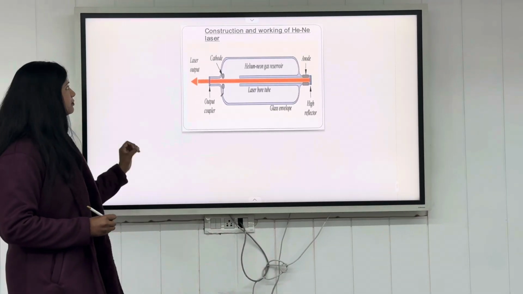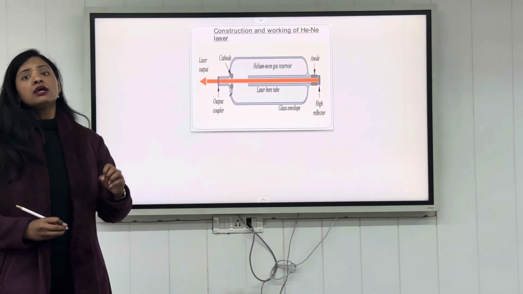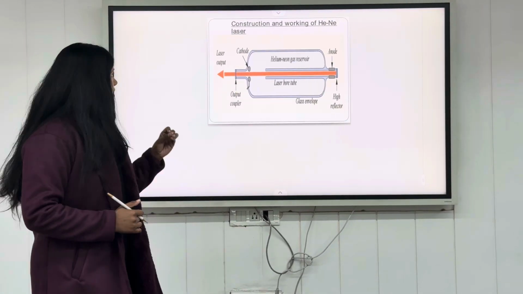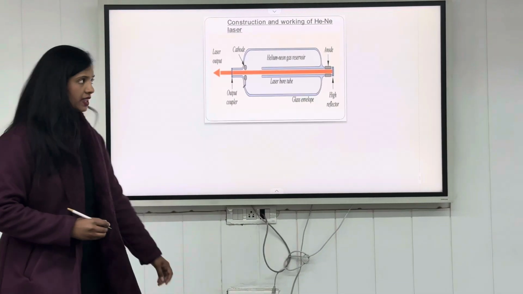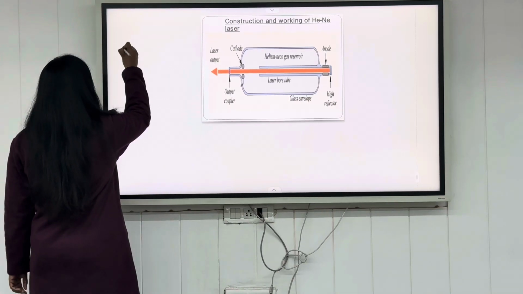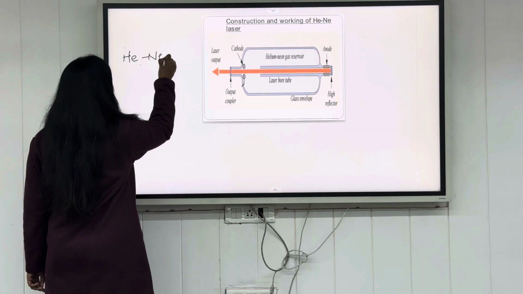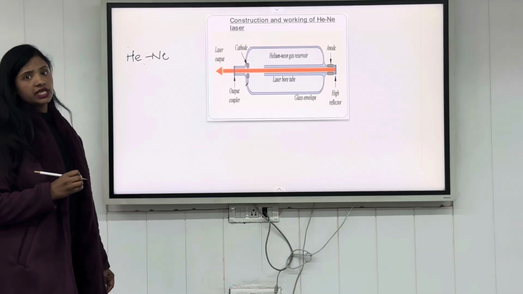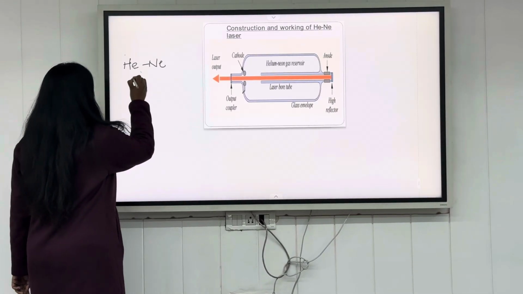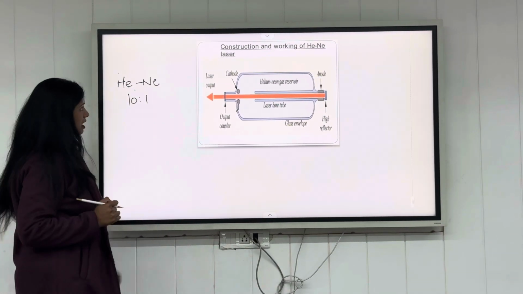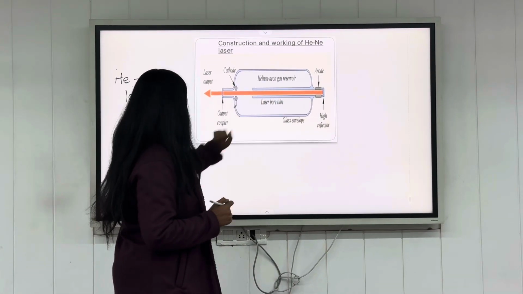This was successfully completed by Ali Javan and his co-fellows in 1961, in which a composition of helium neon gas was taken in a ratio of 10:1. You can see this.